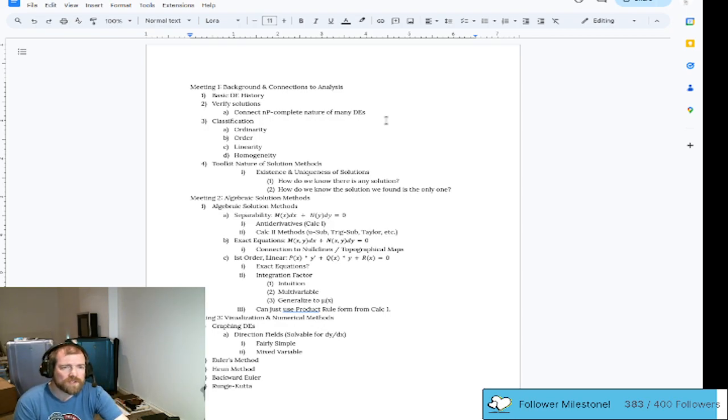Classification, we're going to talk about the ordinarity, order, linearity, and homogeneity of these equations, which then allows us to classify what kinds of tools we need to use in order to solve each of the different types. So the big ones that we're always going to worry about in a lot of our differential equations classes are going to be ordinary and linear.